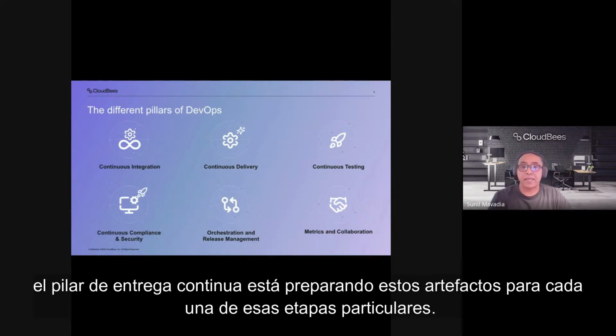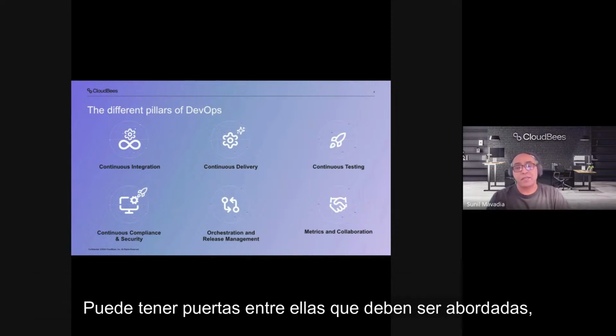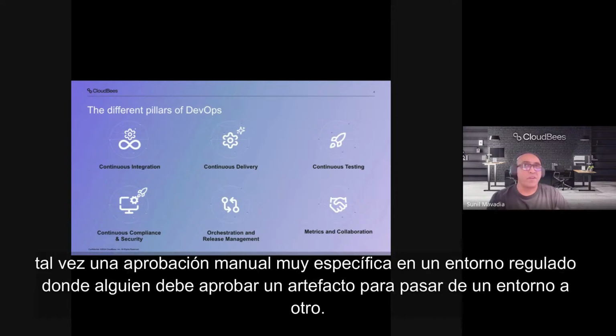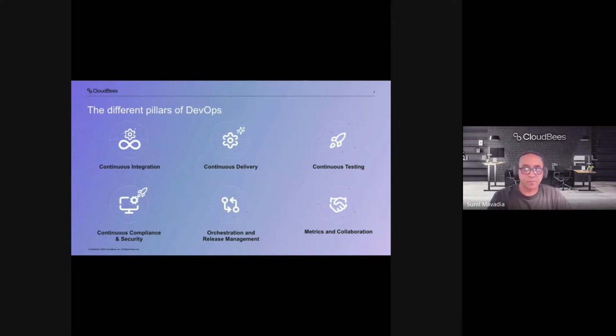And you might have gates in between that need to be addressed. For example, maybe a manual approval, very specifically in regulated environments where somebody has to approve for an artifact to go from one environment to the next.